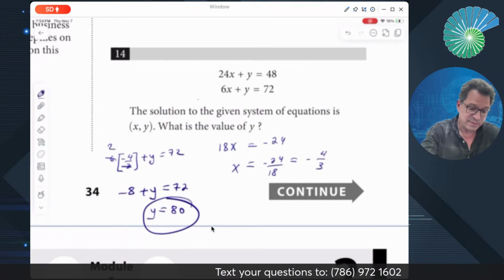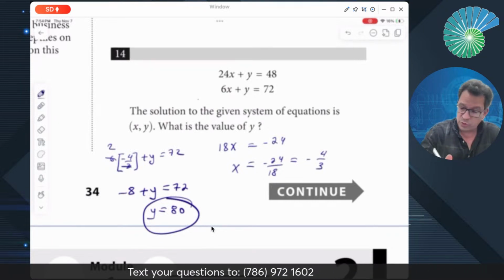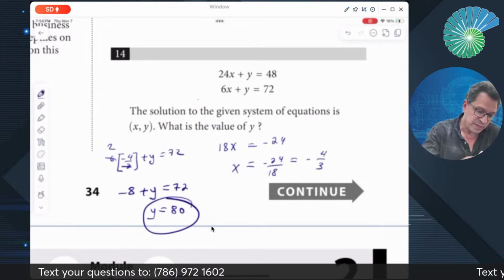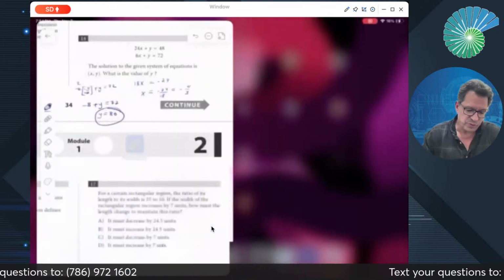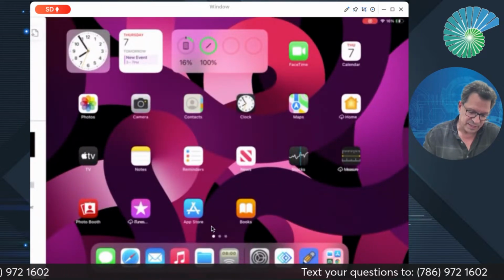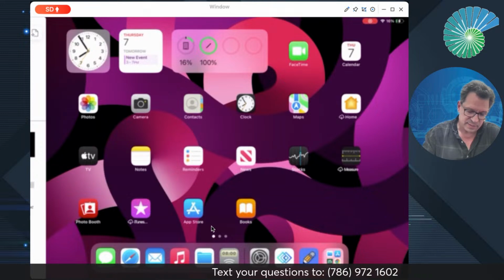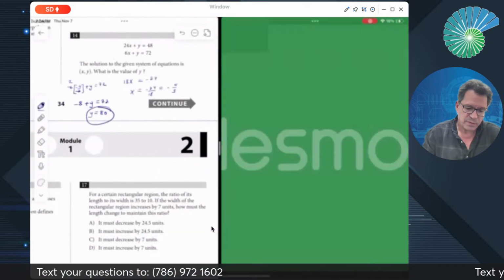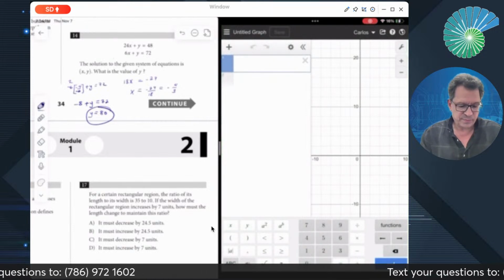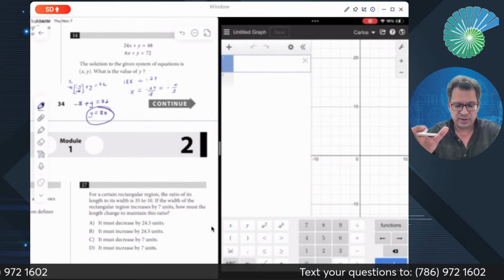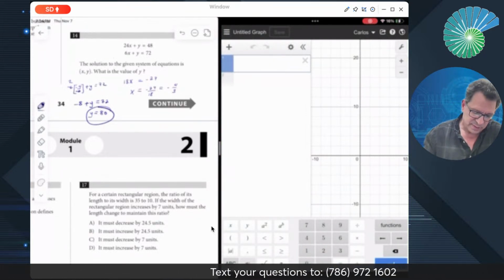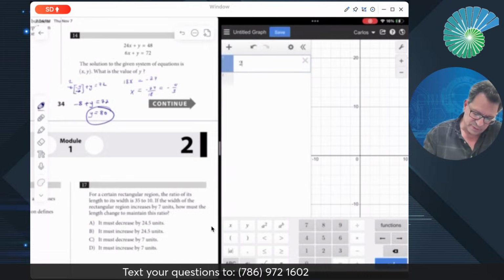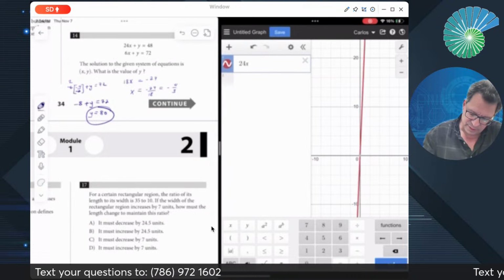Now, this you could also do in a much faster way if we use the application that will be available to you when you take the test, which is the graphing calculator provided. So I'm going to simply input the system in here.